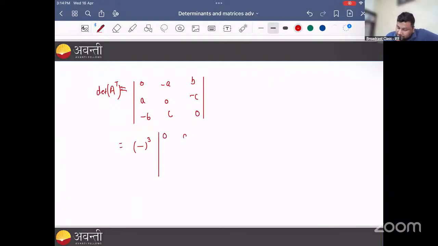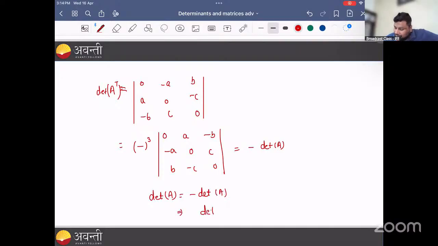It becomes 0, A, minus B; minus A, 0, C; B, minus C, 0. And that became minus of determinant of A. Now, in the previous property, I just told you that determinant of A transpose is equal to determinant of A. So determinant of A is minus determinant of A. That means determinant of A goes 0.